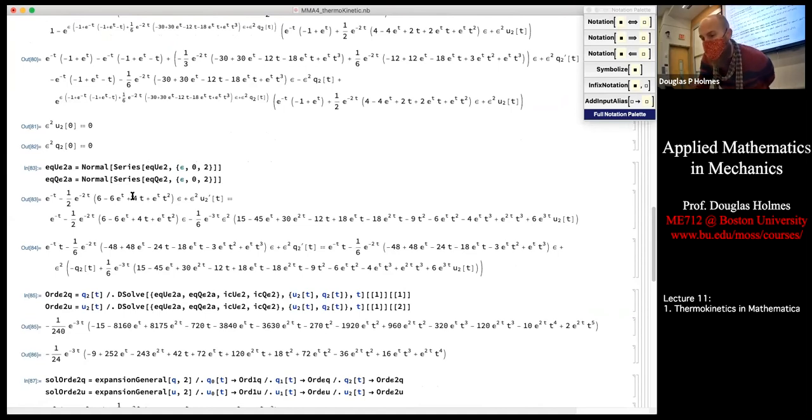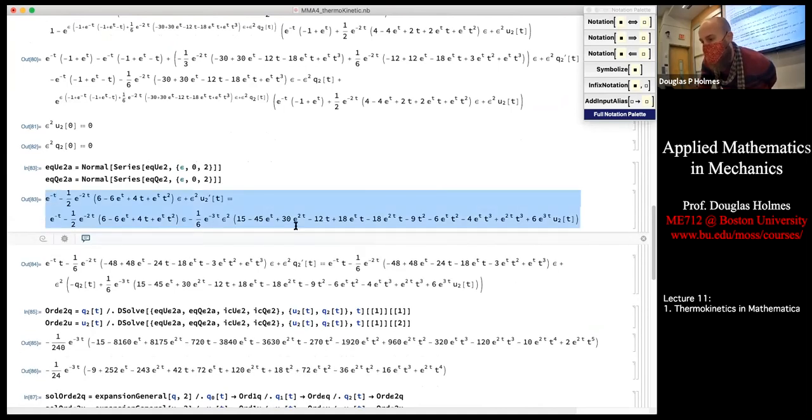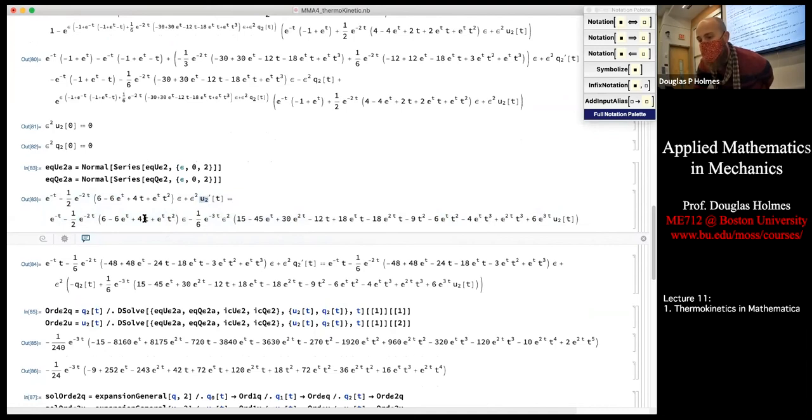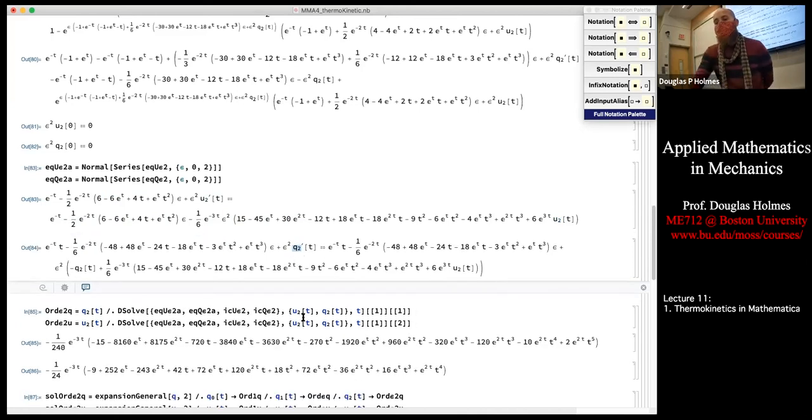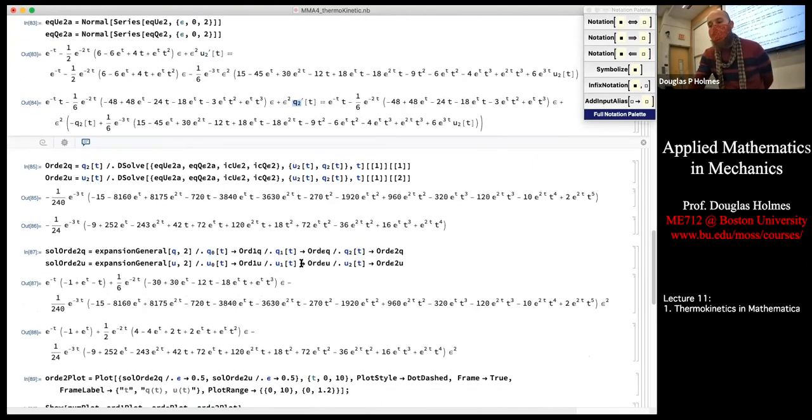If I look at this awful thing here, yes, it's really ugly, but if I'm careful when I inspect this, I see that really all that I don't know is U2, and I think there's a Q2 buried in here somewhere. Maybe. Here's Q2 prime, and so on. And then I'm solving for those 2 things, inserting them back into my guess.